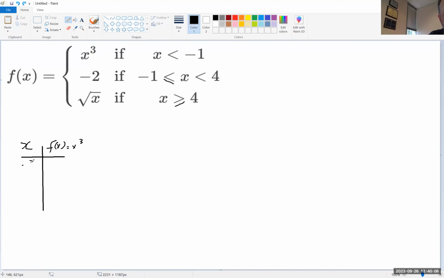Let's go to -3, -2, and -1. Even though it's only gonna work for that, I think we'll add just maybe a couple more here, just to really take a look at what the curve looks like.